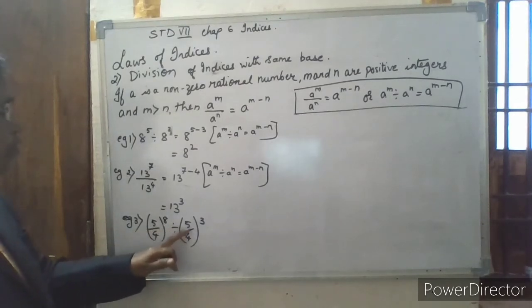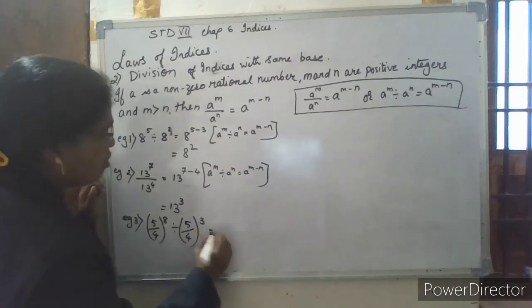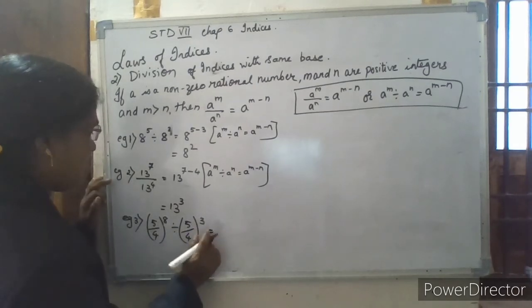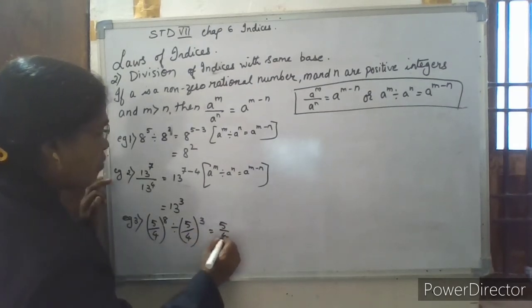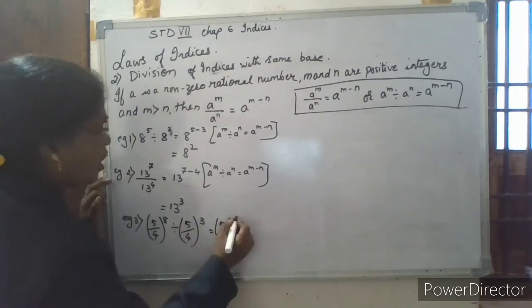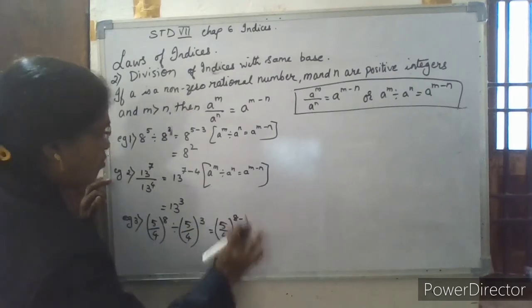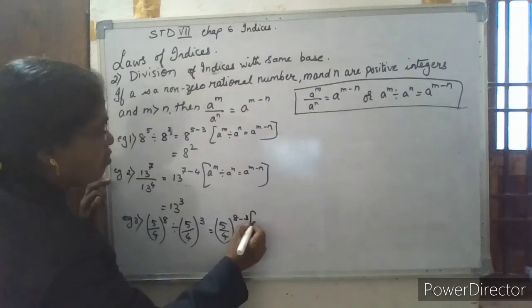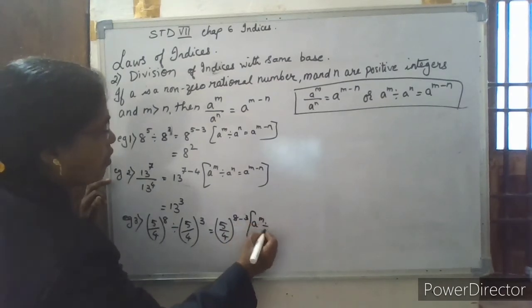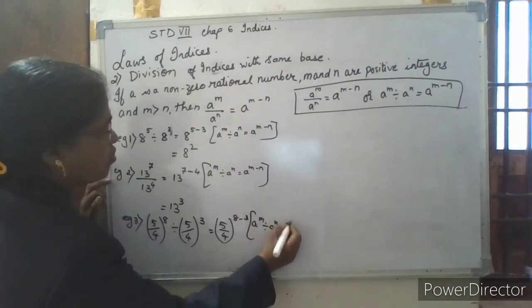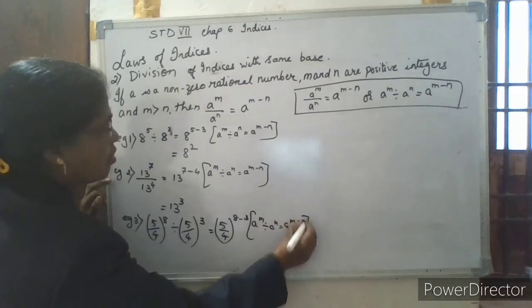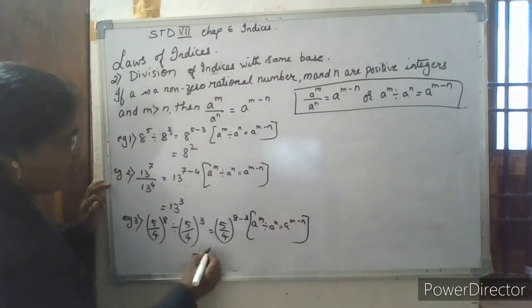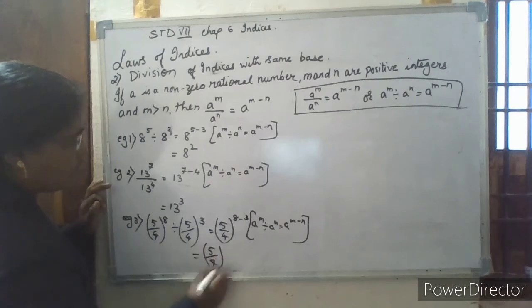Then this is equal to 5 by 4 as the base, whole raised to 8 minus 3. This is because of the law a raised to m divided by a raised to n is equal to a raised to m minus n. So this is equal to 5 by 4 the whole raised to 8 minus 3, which is 5.